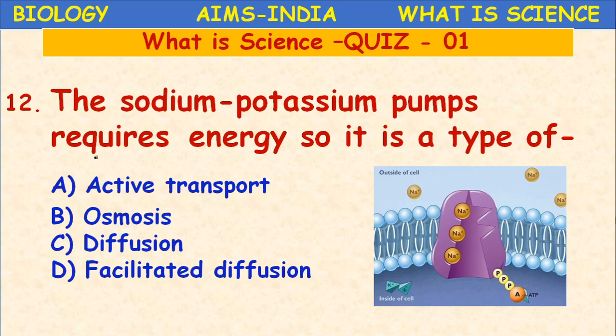Here the transport requires energy. The transport of sodium and potassium across the cell membrane is utilizing energy in the form of ATP. Such transports are called active transport.